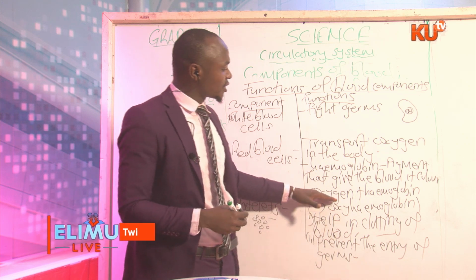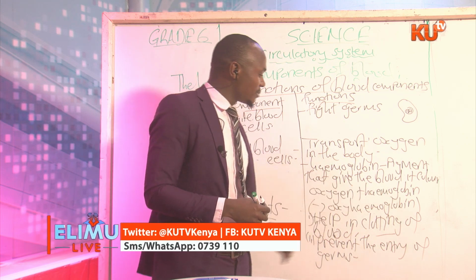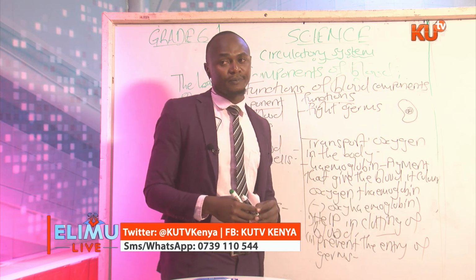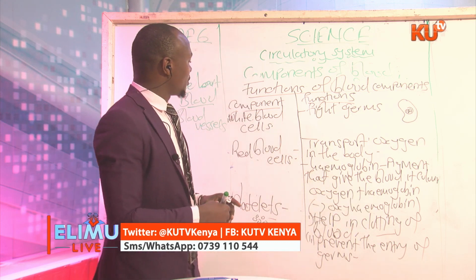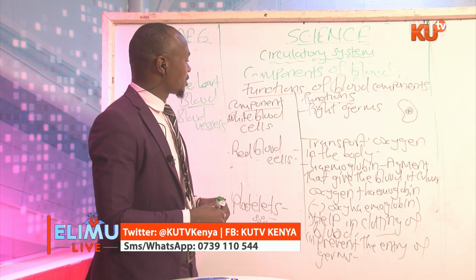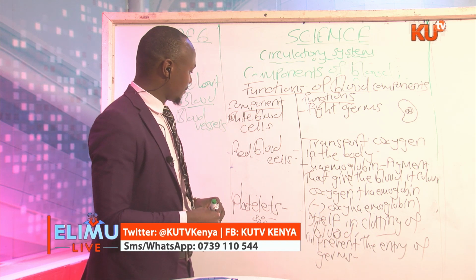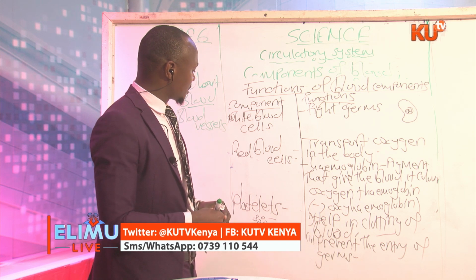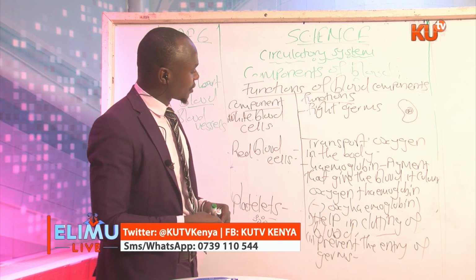And when oxygen combines with this hemoglobin, it forms oxyhemoglobin, and that's how the red blood cells transport oxygen in the body. We have also talked about the platelets.